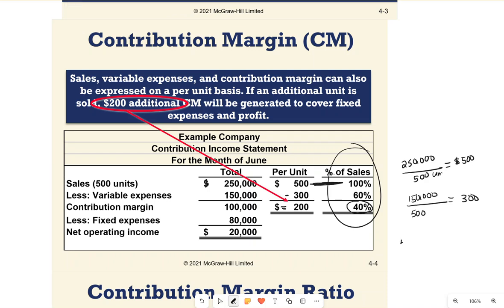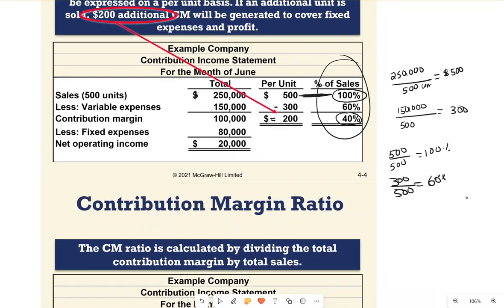In this case, 500 divided by 500 gives you 100%. That's where your sales come from. Your 300 divided by 500 gives you 60%. Your variable expenses are 60%, and your contribution margin will be 200 divided by the 500, which is 40%.